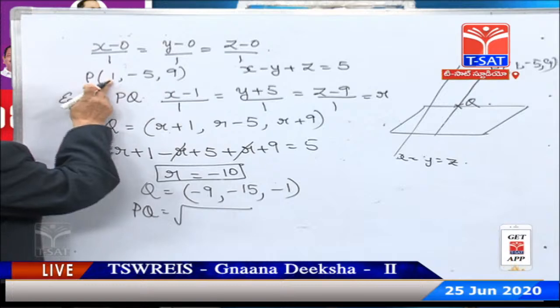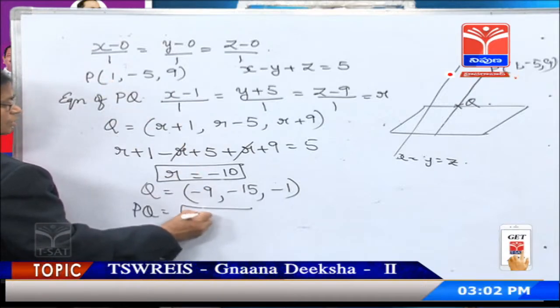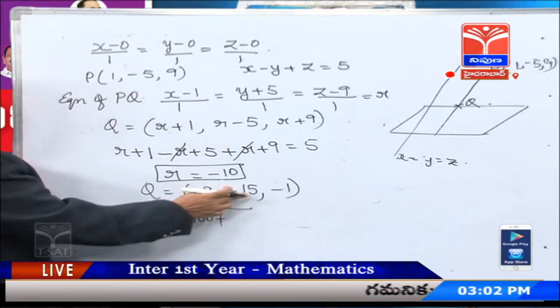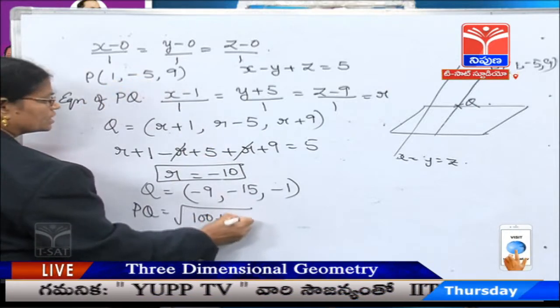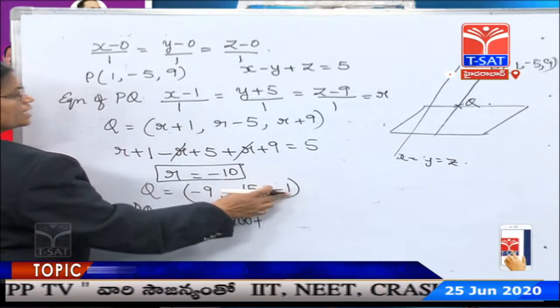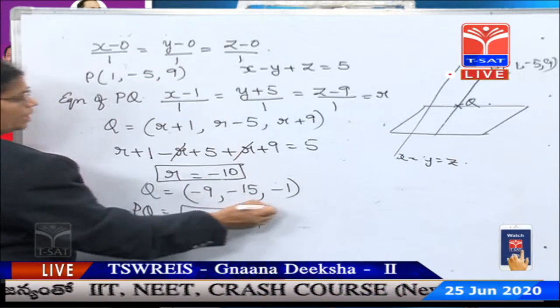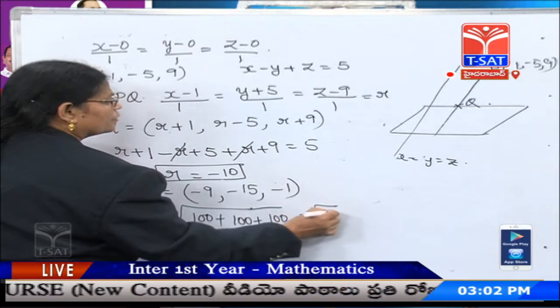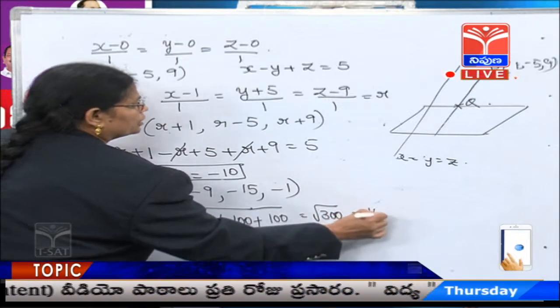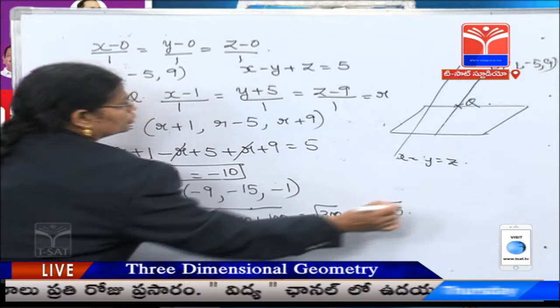Minus 9 minus 1, it is minus 10 whole square which is 100. Minus 15 plus 5, it is again minus 10 whole square 100, plus minus 1 minus 9, minus 10 whole square 100. This is square root of 300 or 100 into 3 which is 10 root 3.